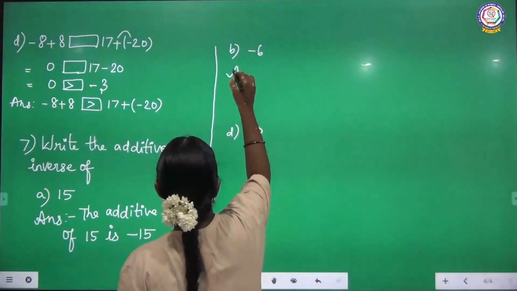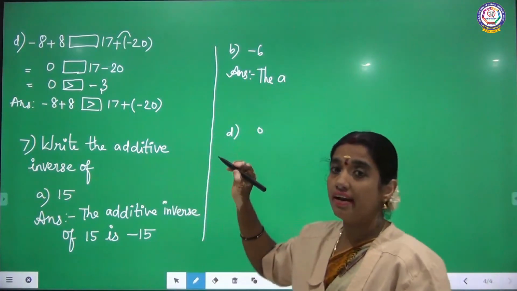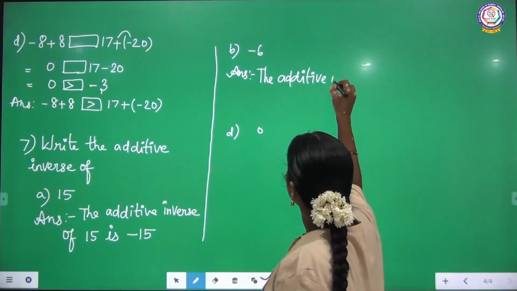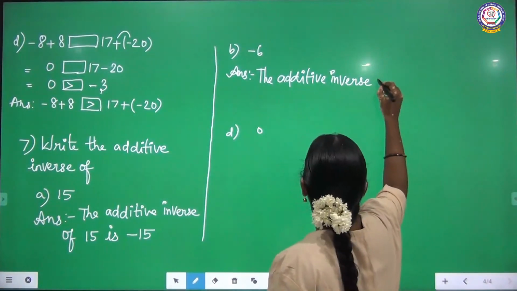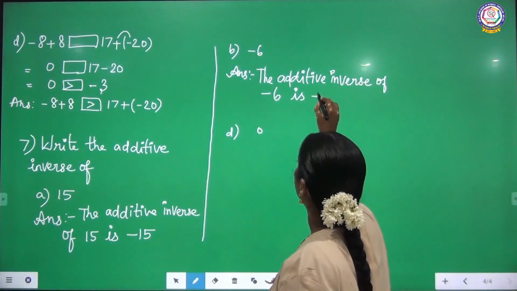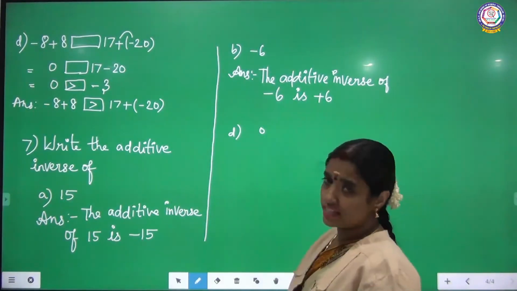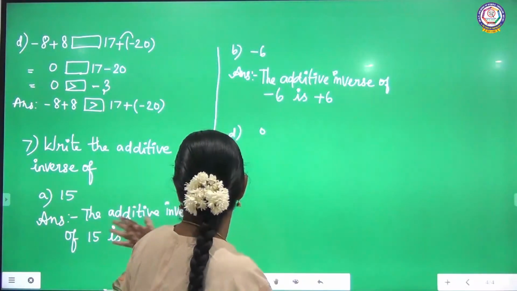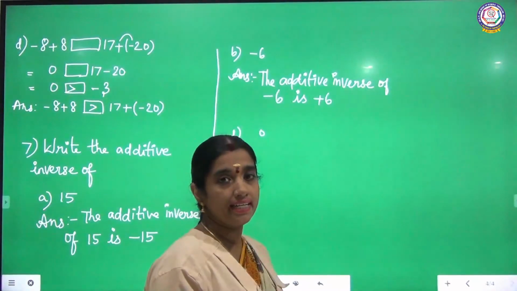The same thing, listen children, the additive inverse of minus 6 is plus 6. So no need to write this plus 6. You can write it as 6 also, no problem. So we have seen the additive inverse of 15 and the additive inverse of minus 6.